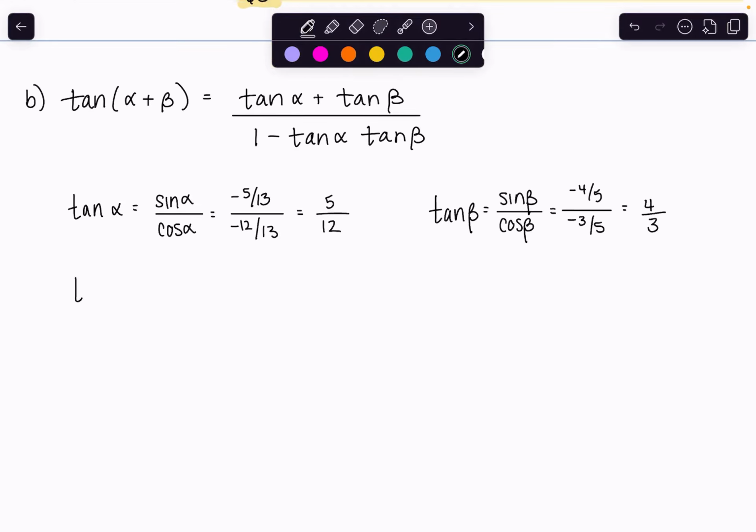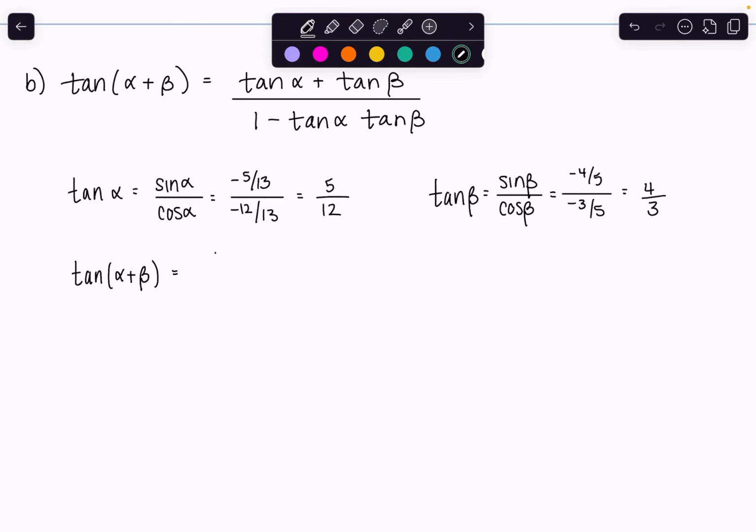So now I can go ahead and I can find tangent of alpha plus beta. So tangent of alpha is 5 over 12. Tangent of beta is 4 over 3. And then in the bottom, I have 1 minus 5 over 12 times 4 over 3. Well, that bottom does simplify kind of nicely, a little bit at least.